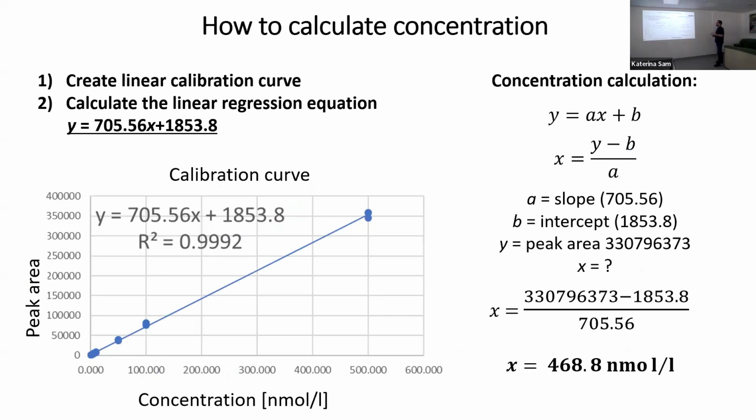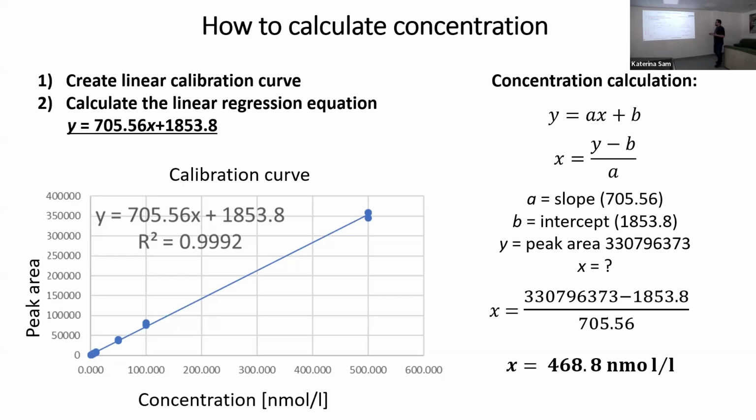Here are the methods for how to calculate the concentration. Typically, we have two possibilities: the calibration curves method, and the standard addition. But typically we use the calibration curves. We prepare the standard calibration solutions, and we construct the calibration curves. On the x-axis we have the concentration, and on the y-axis we have the peak area.